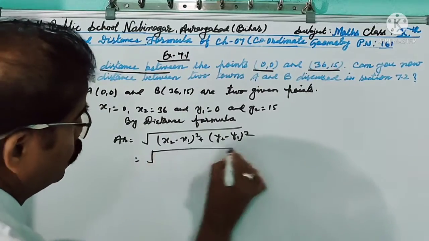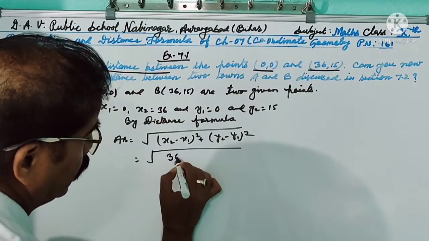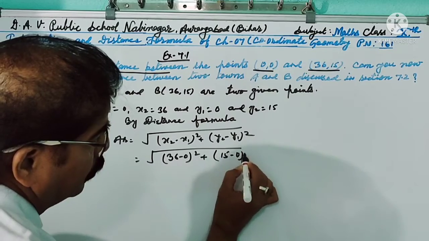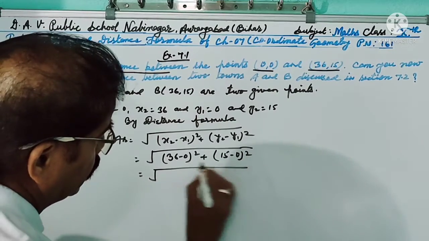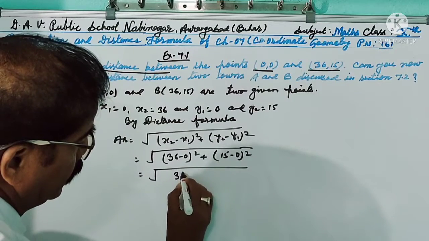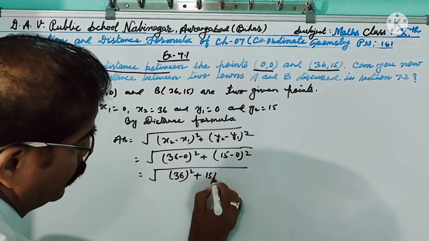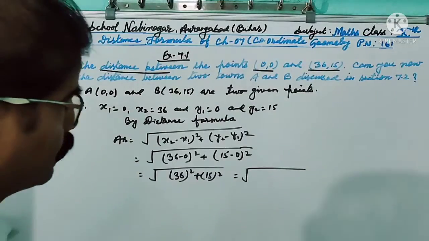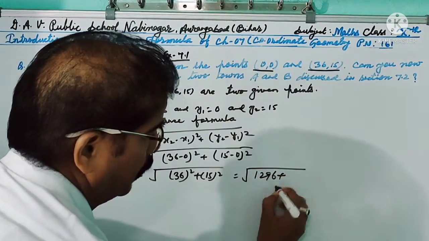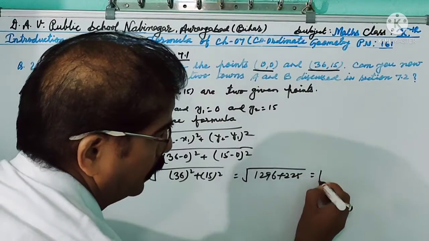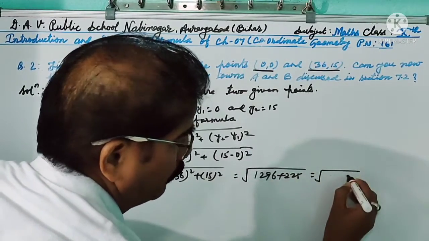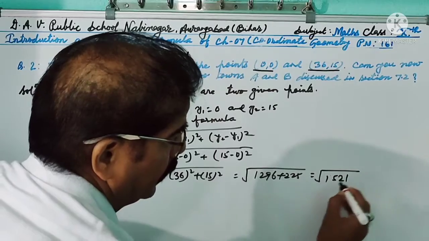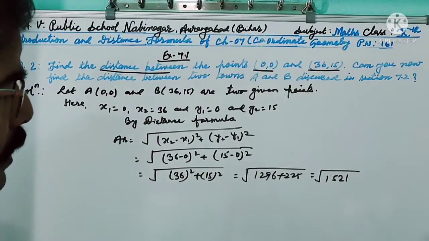So x2 equals 36, so (36 minus 0) square plus (15 minus 0) square is equal to the square root of 36 square, 1296, plus 15 square, 225, which is 1521.